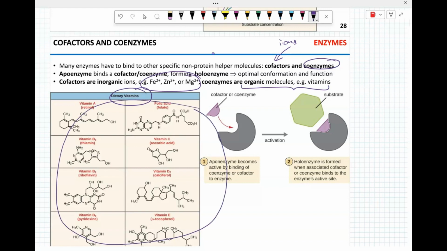These vitamins listed here are all coenzymes for different enzymes. The inactive form without a cofactor we call an apoenzyme. However, when the apoenzyme binds the cofactor, it forms a complete form of the enzyme called holoenzyme, which is now active.